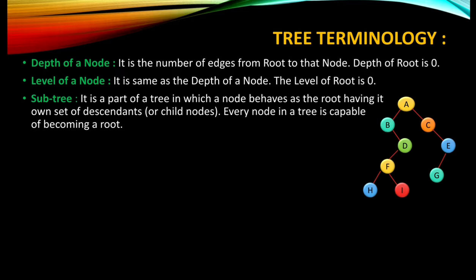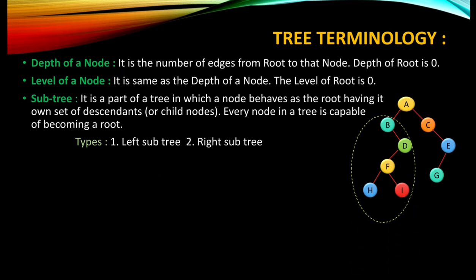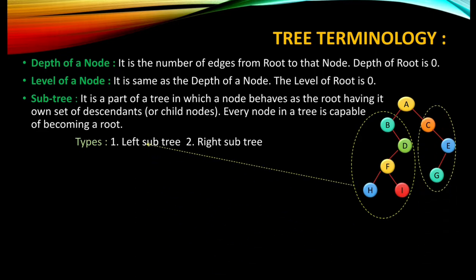And each and every node may be the root node for another tree. It can be possible. Now, subtrees are of 2 types. I told you earlier also, left subtree and right subtree. This one is left, and this one we can say is the right subtree.